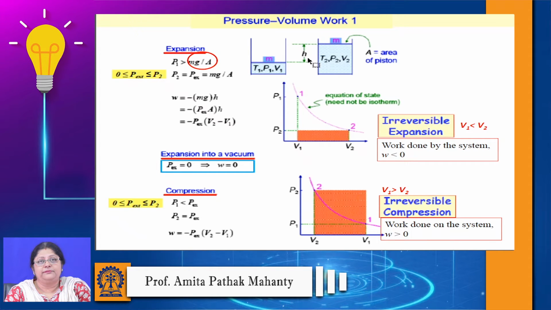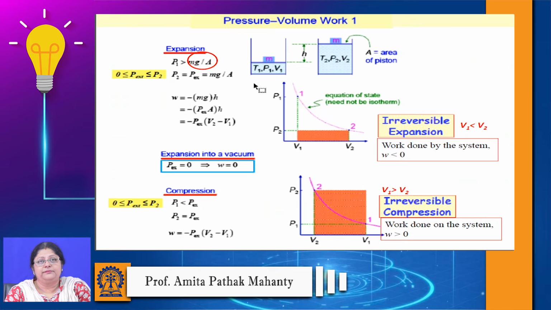Now let us find out what sort of expansion this is going to be. The movement of mg into h, P external into A, we have already said, this is the area, this is the force into the distance h. So this becomes the volume change, which we have already done.